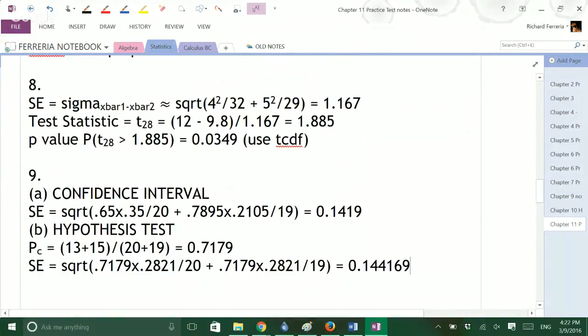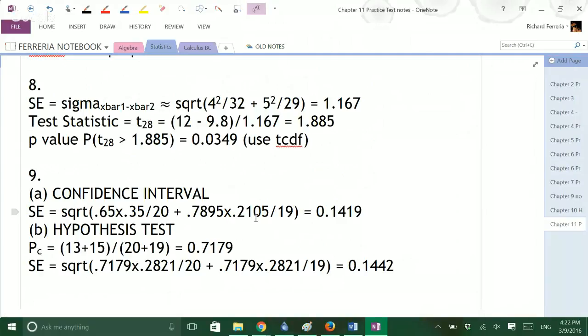Ooh, 0.1442. Subtly different. Not that different from each other, right? Yeah, you're probably going to find that PC is usually not that far different. It's a little bit bigger, yeah.